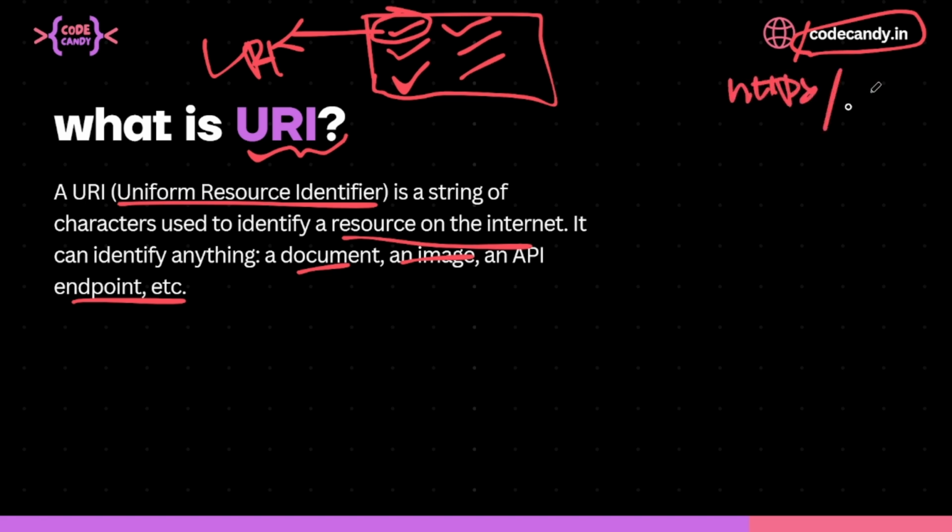Then this will be displayed onto my browser. So URI is like a universal way of naming and locating the stuff in the internet. It is not only limited to websites, but anything on the server can be identified using URI.